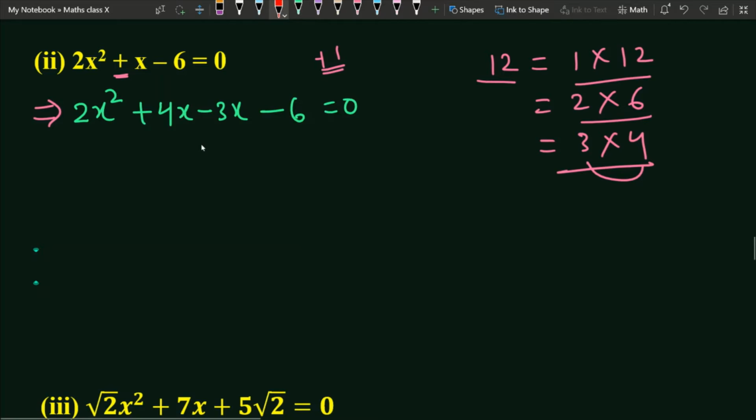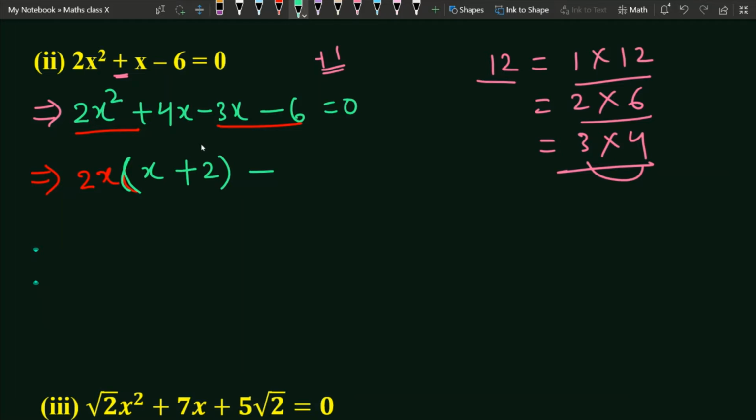Now what do we do? We regroup the terms, we take common factors, and then we equate those factors to 0. In 2x square plus 4x, 2 is common, x is also common. If you take 2 and x outside, you will get x remaining, plus from here 2.